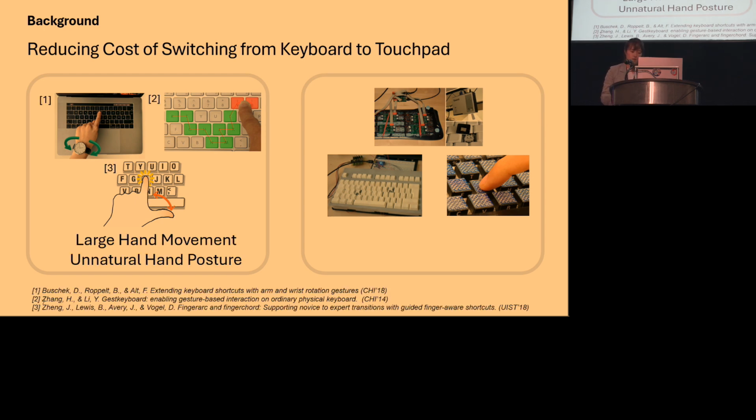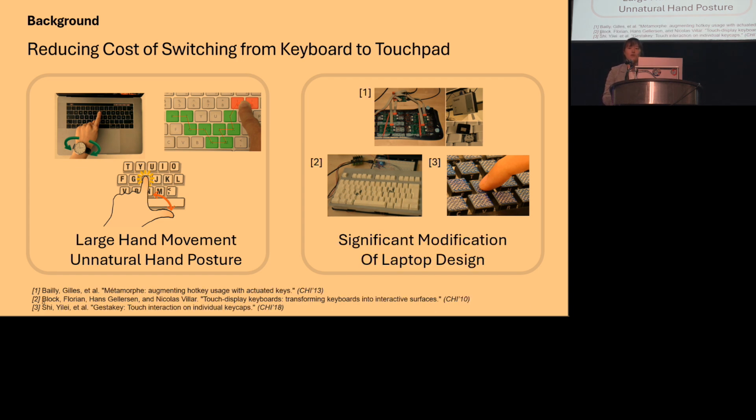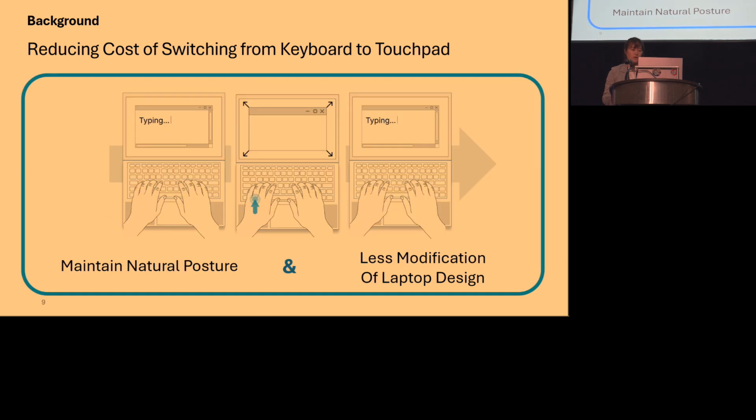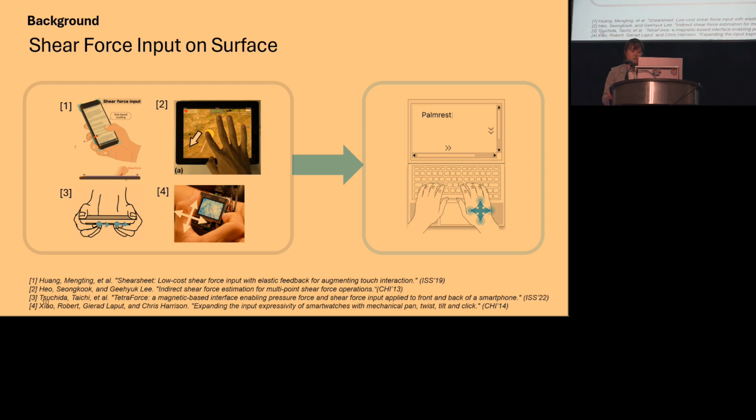However, they still necessitate large movement of the hand or an unnatural hand posture. Other approaches require significant modification to the existing laptop design by augmenting sensors in every single key. In contrast, Palmrest Plus allows users to maintain the natural typing posture with less modification of the laptop design.